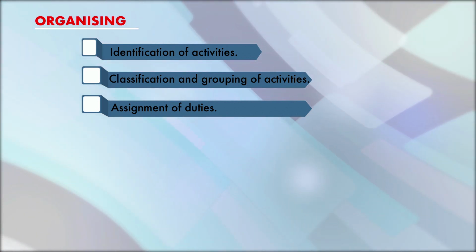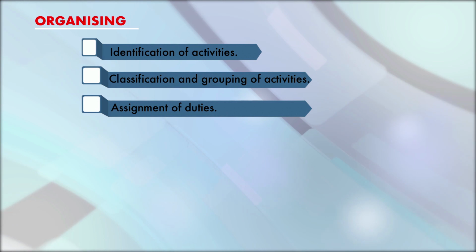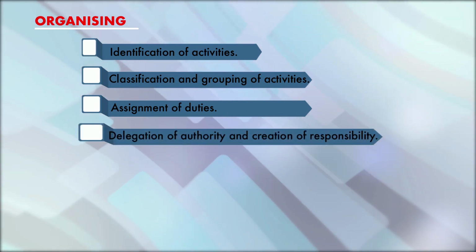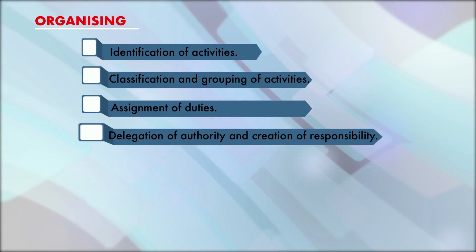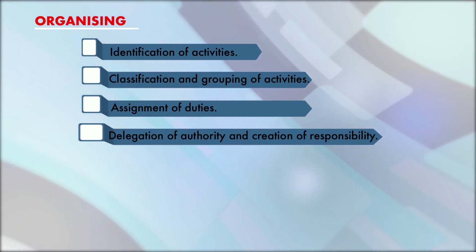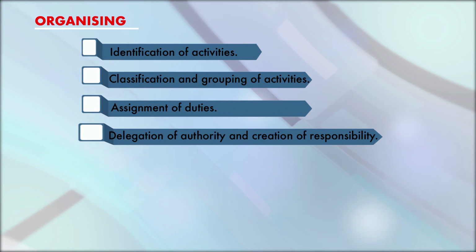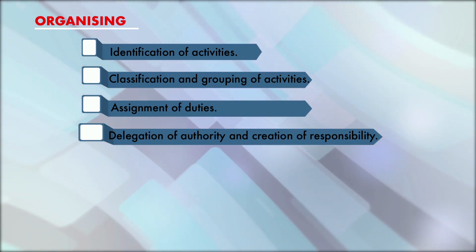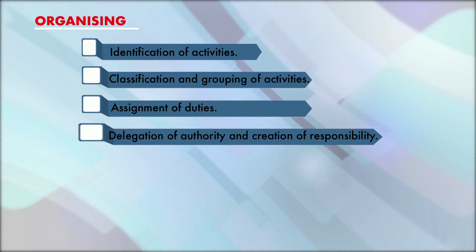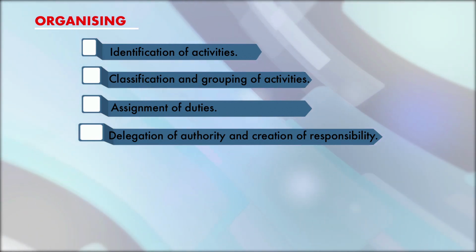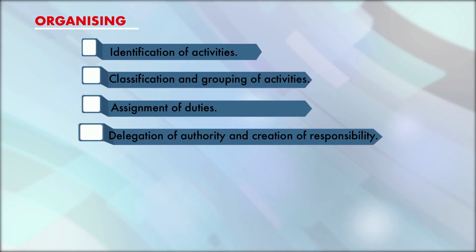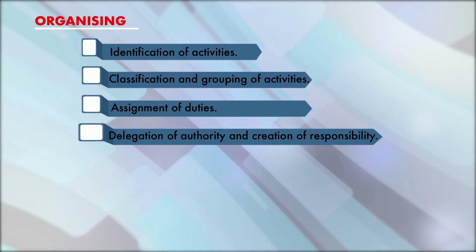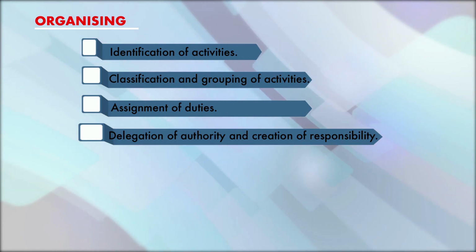What other thing is necessary in this organization is delegation of authority and creation of responsibility. As we know, authority and responsibility go hand in hand, they go together. If you are assigning some task to somebody, then you have to give some authority to that person to complete that task in a successful manner.